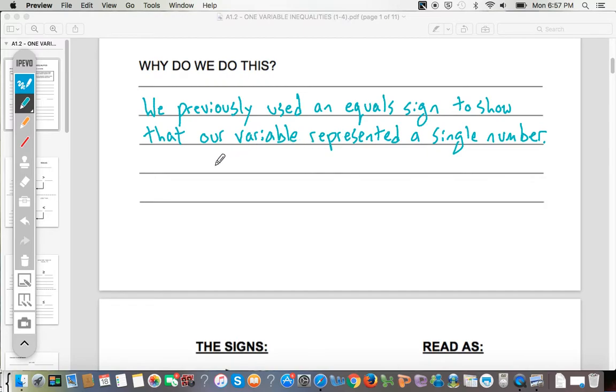So if we had, by the end of it, x equals 4 as our solution, x is that single number which happens to be 4.